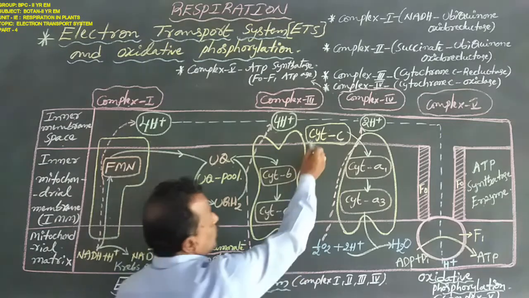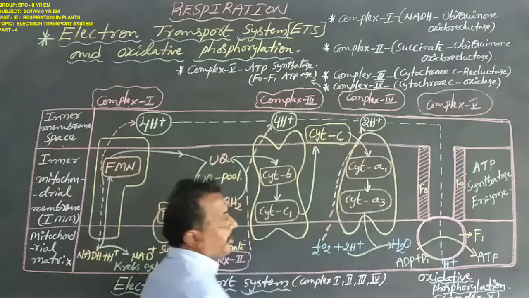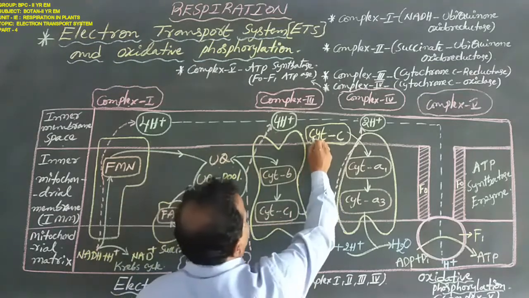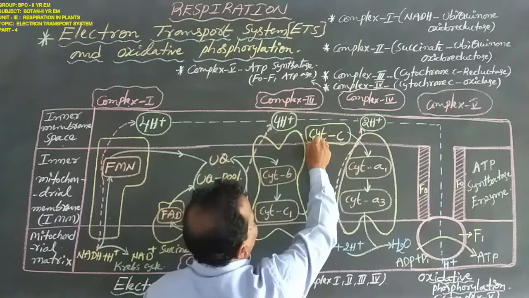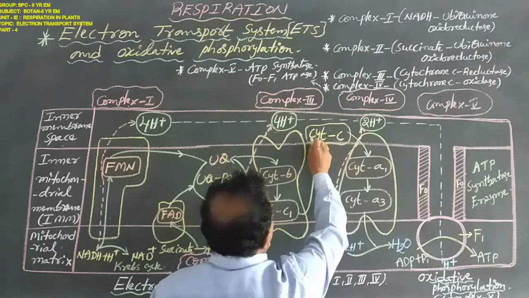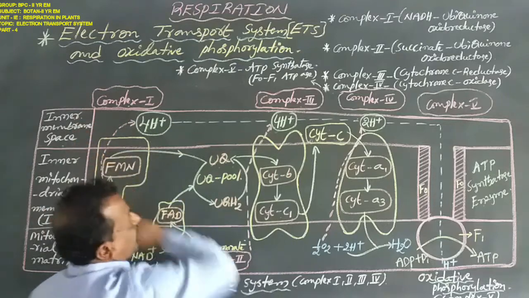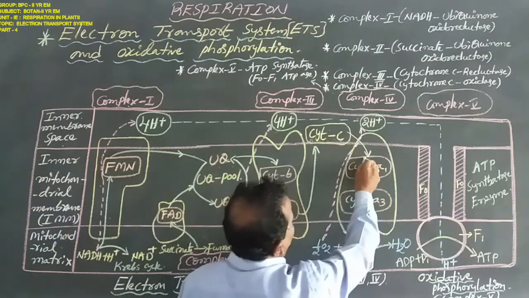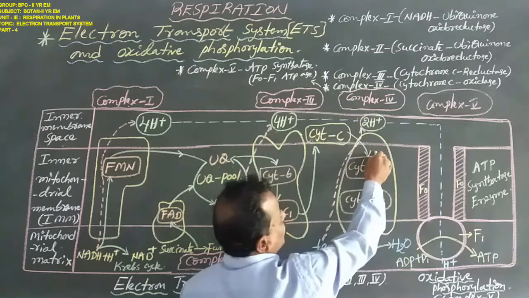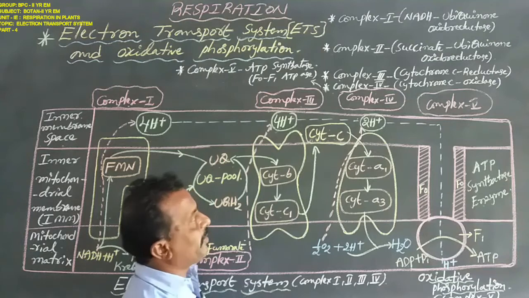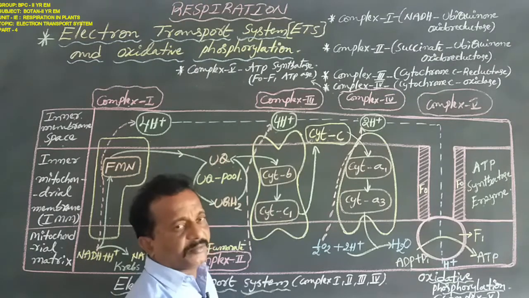Now, cytochrome C is a small protein and a mobile carrier between complex 3 and complex 4, and it occurs in the inner membrane space. The electrons then reach complex 4, that is cytochrome A1 and cytochrome A3.